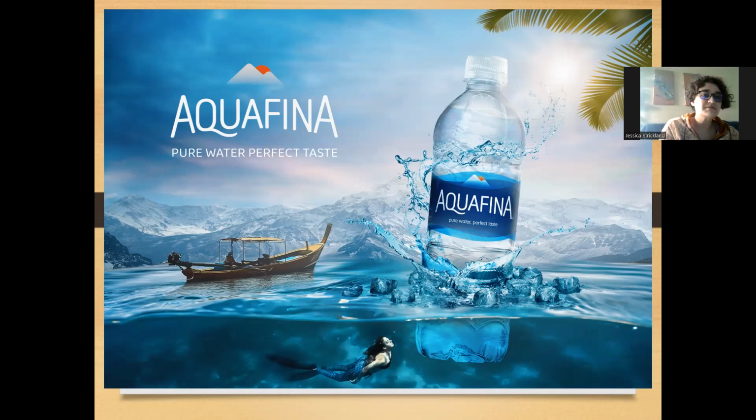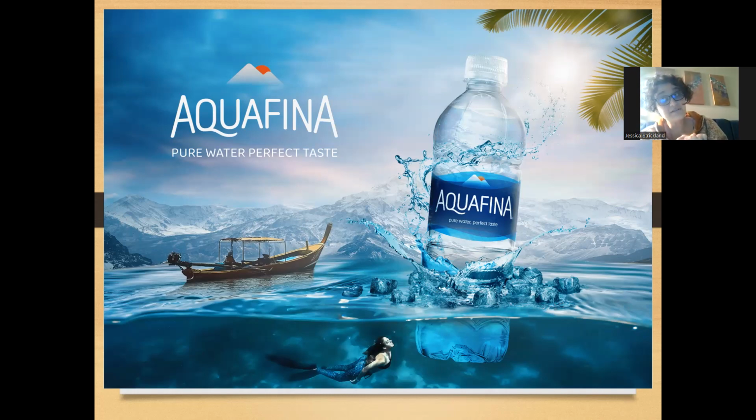It clearly comes from snow-capped, ice-capped mountains where apparently palm trees are also somehow growing. And you have a woman who's swimming in this clear water, so clear you can see her. Okay. For some reason we have a fisherman and ice cubes. Okay. So just absolutely the purest water you could drink.